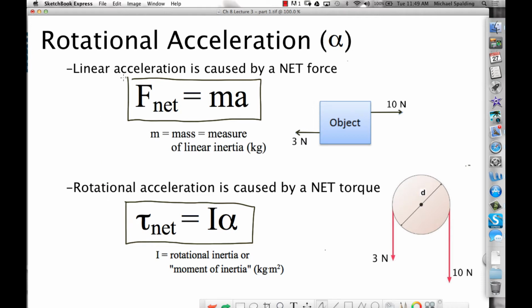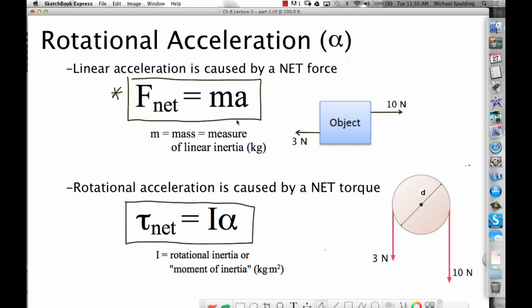This is what you use if you're dealing with a linear situation. If you have forces acting on an object, like that block of wood right there, and I exert a net force on it, what's going to happen to it? A net force causes a linear acceleration.